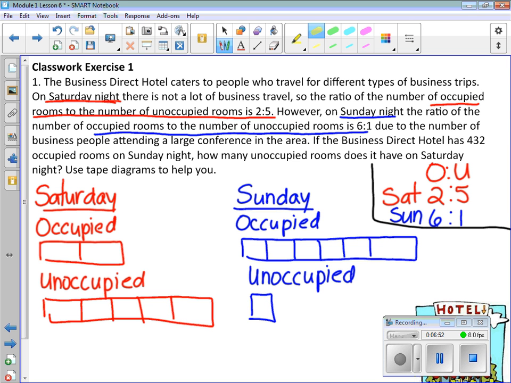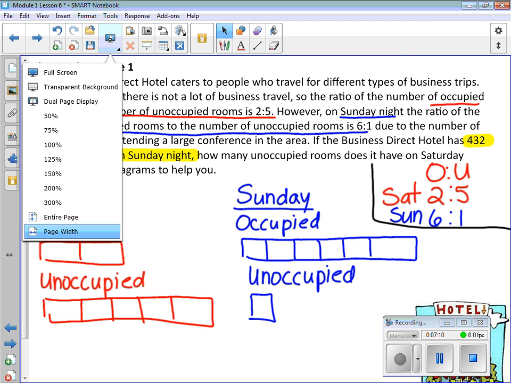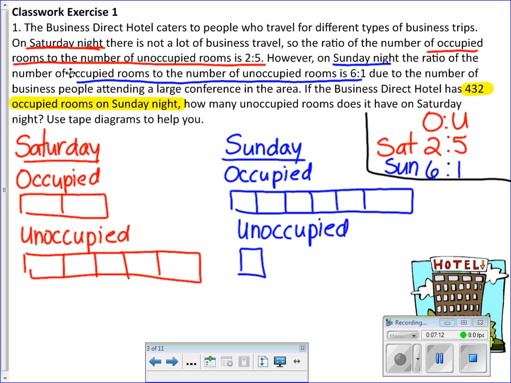What is the given, the information that they're giving you that you need to solve this problem? That the Business Direct Hotel has 432 occupied rooms on Sunday night. So that is the key to solving this problem, or the tape diagram, whatever you want to call it.